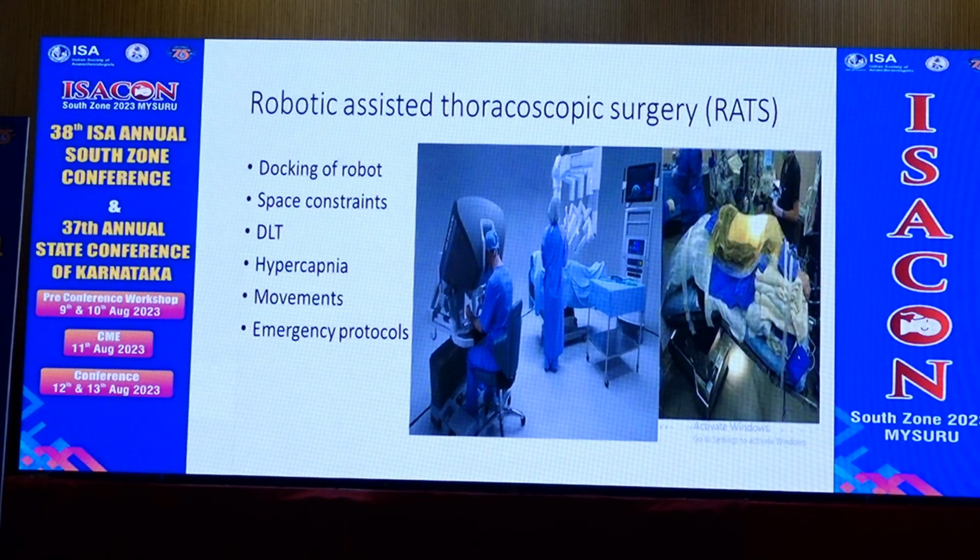Hypercapnia is a chance, and the patient should not move in these surgeries, because once the robot is docked, movement of the patient is hazardous. Emergency protocols have to be properly rehearsed preoperatively before positioning the patient, because we are unable to reach the patient in time.